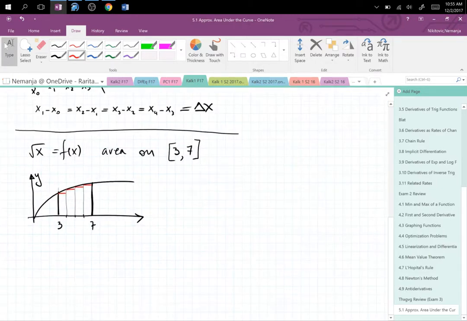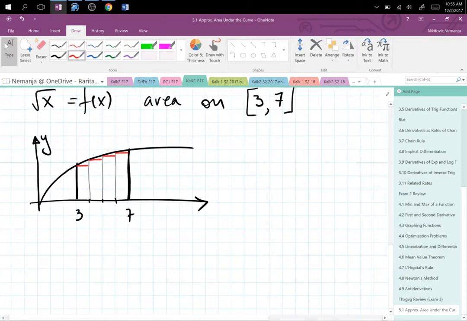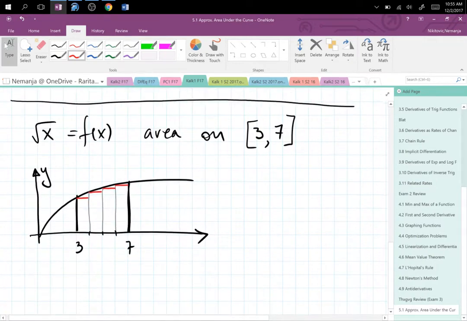So now, what's happening? Well, I have these other numbers, 4, 5, and 6. I also chose the number of rectangles so that delta x is 1, as you can see. It is cheap, the cheapest possible case. So what do I have? Let me label the rectangles 1, 2, 3, and 4.